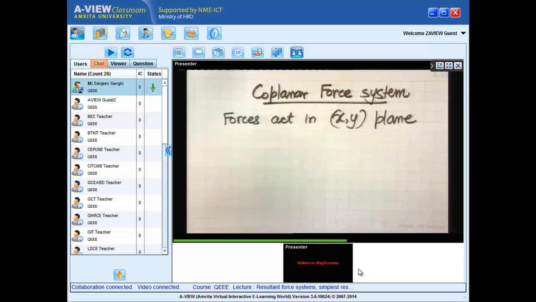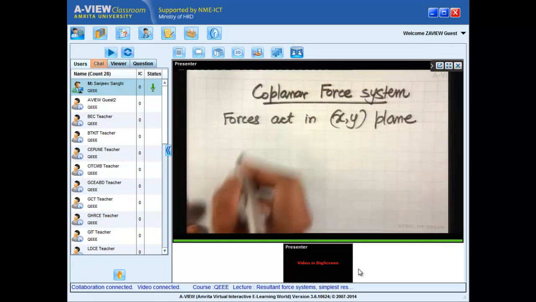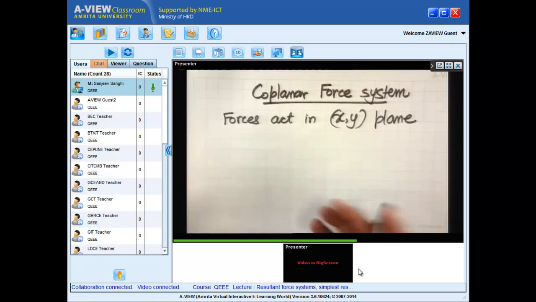So there is no force acting in the Z direction. We are talking of a two-dimensional body with forces acting only in the XY plane. And if there are any couples, the couples will come because of these forces which are acting in the XY plane.